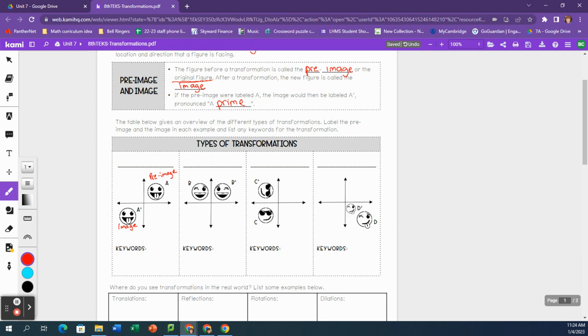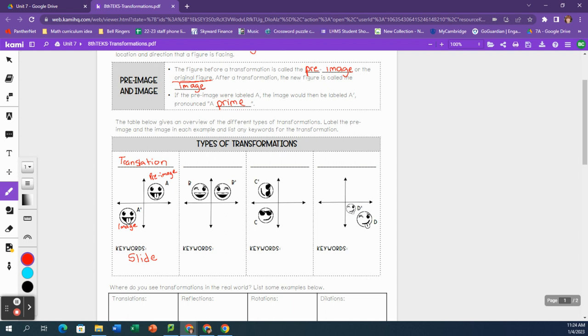It just moved, so it's what we call a translation. Another word that we use is slide. Anytime you just slide it, that's called a translation.